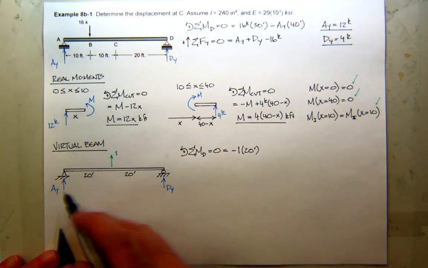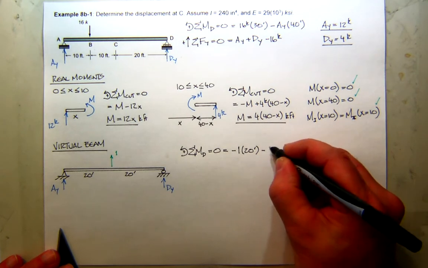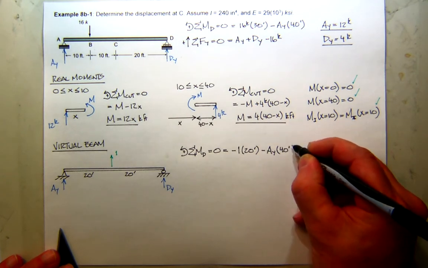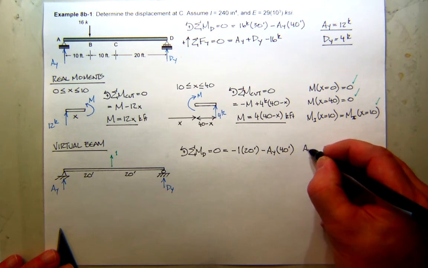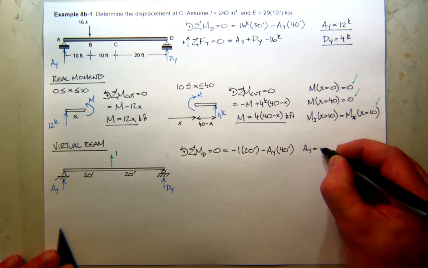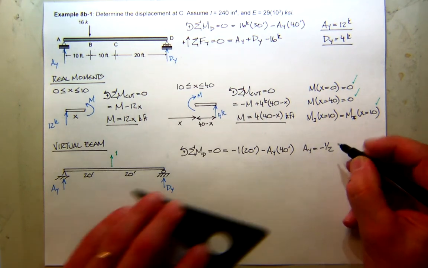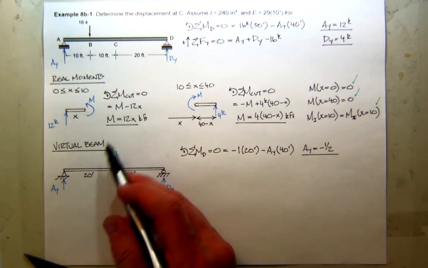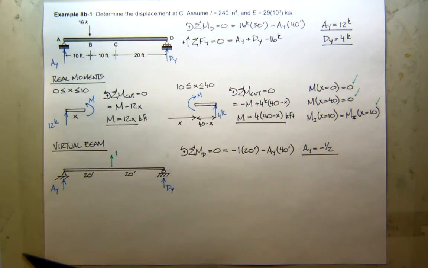And my reaction is also creating negative, reaction times 40. So in this case, AY is going to be negative 1/2. It's half the total force, and since the force is up, it's down.